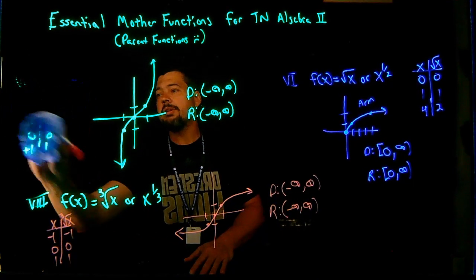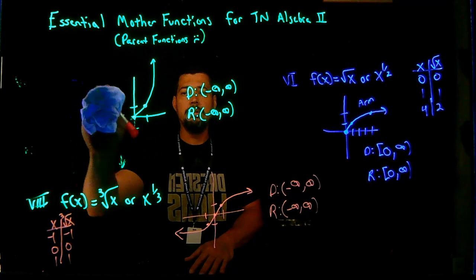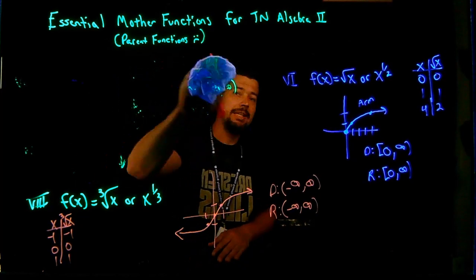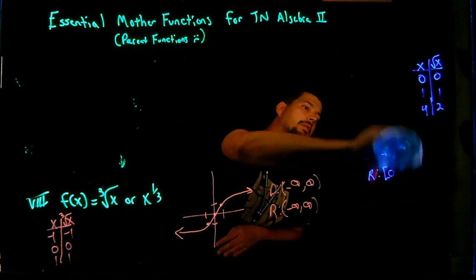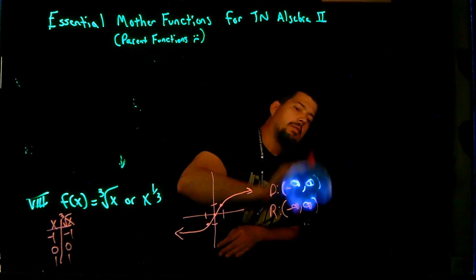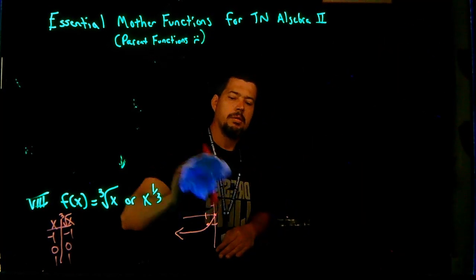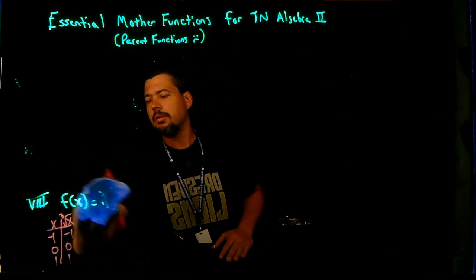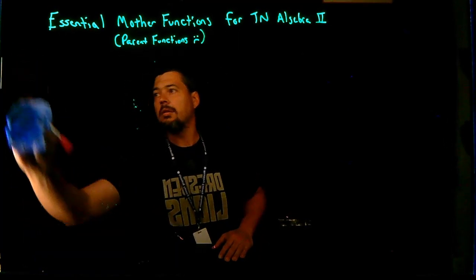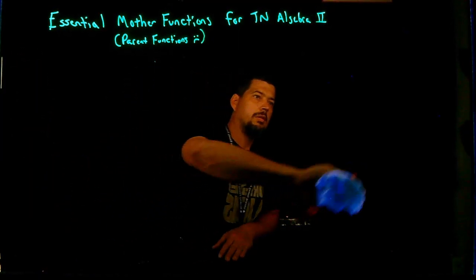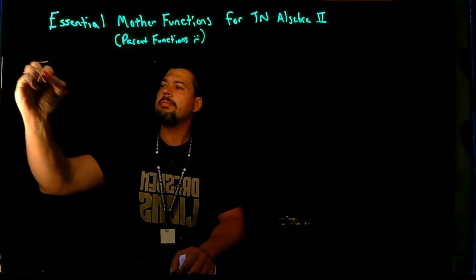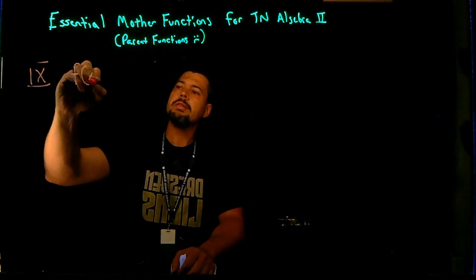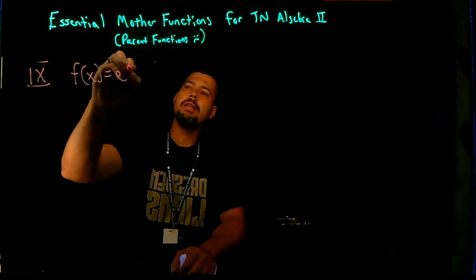And I'm going to start off with the natural exponential function, e to the x. So the 9th one, f of x equals e to the x.